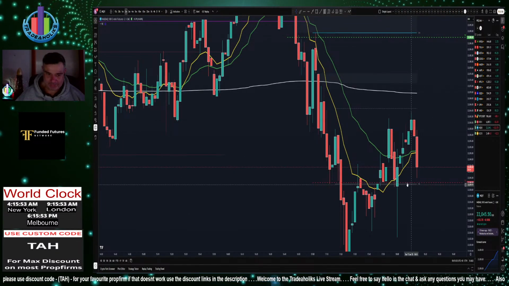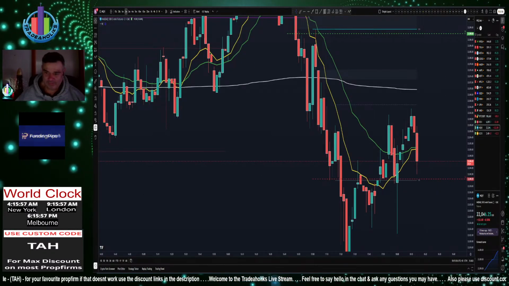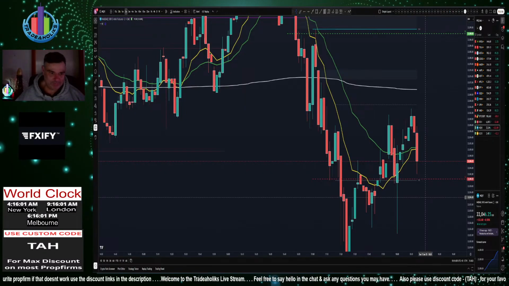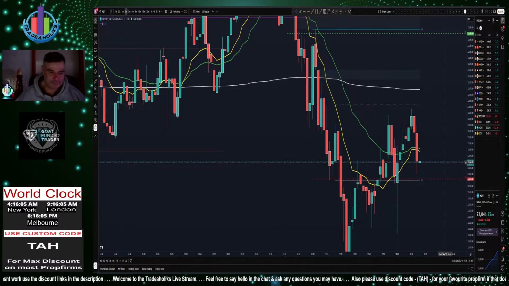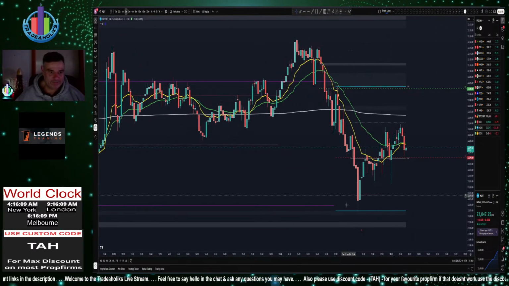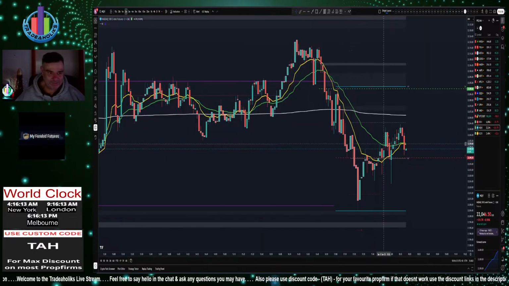Well, that just tapped us on MNQ. Didn't take us out though. I reckon we might get done. We'll make it done here. Is that a change of direction or a retracement?